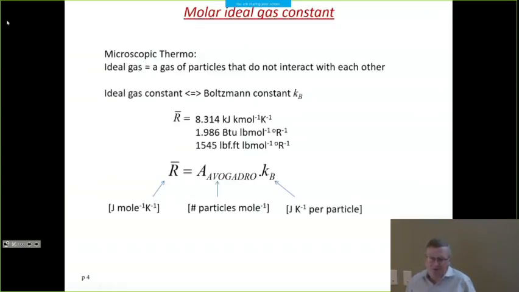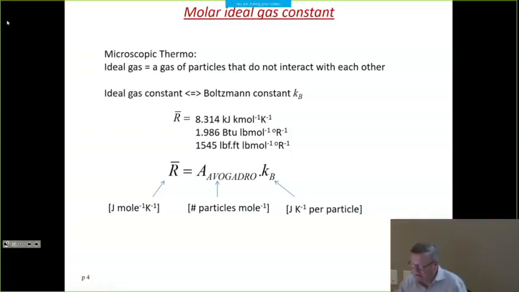Now, there is an interpretation in microscopic thermodynamics, which I personally find easier to understand. The definition of the ideal gas, then, is a gas of particles, any particles, that don't interact with each other. And then there is a relation between the ideal gas constant, which is the macroscopic, essentially chemistry-based value we gave a minute ago, and a microscopic thermodynamic property, which is the Boltzmann constant.